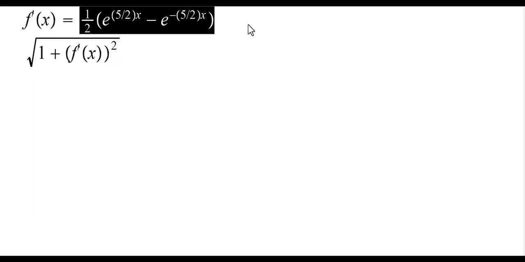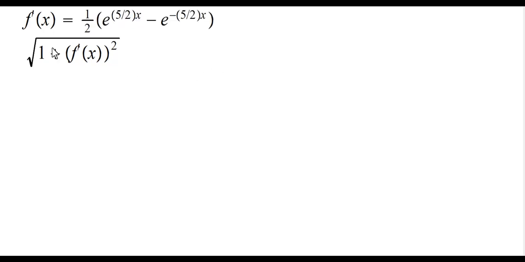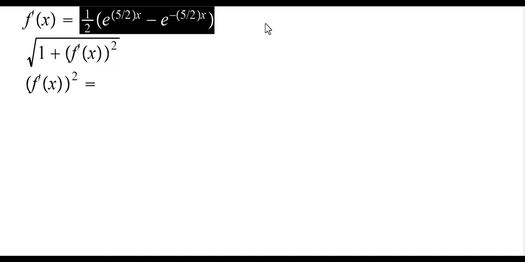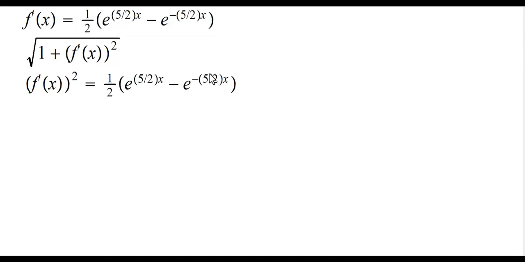So first let's square f prime x. What is the square of this quantity? If you square it, here we get 1/4, and this would be squared. Now we can FOIL it, or multiply it out, or distribute.